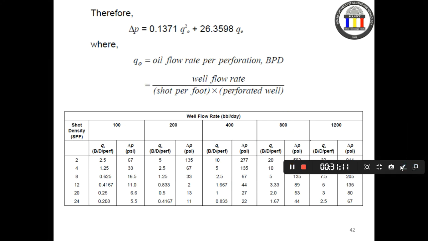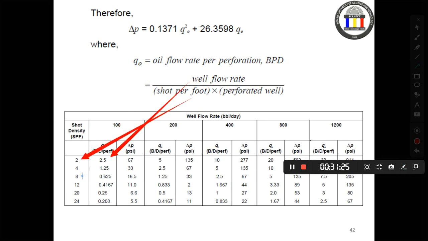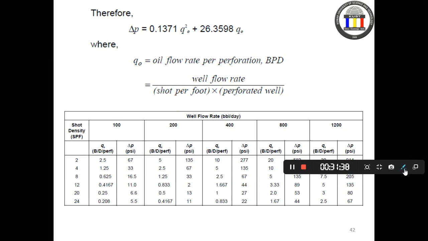Okay, so in this case, let me share with you. Now we have this equation to calculate the flow rate. So well flow rate we kept this one, barrels per day. Shots per foot are given here, for example, 2, 4, and the perforated interval, which in this case was 20, is given previously. So you put this information here in Q. Okay. You calculate these two.